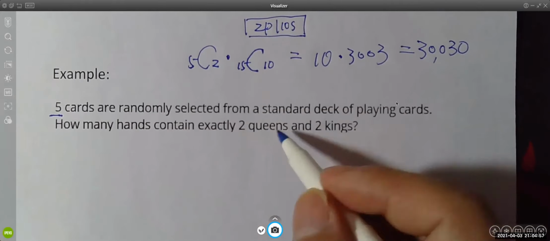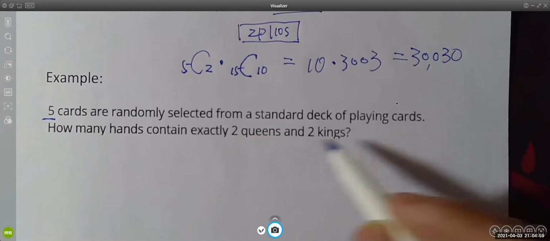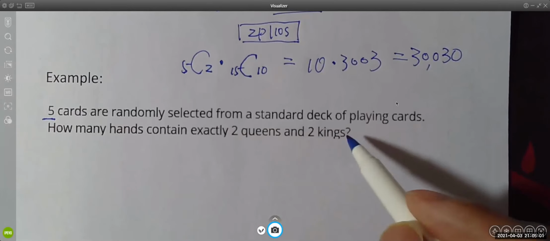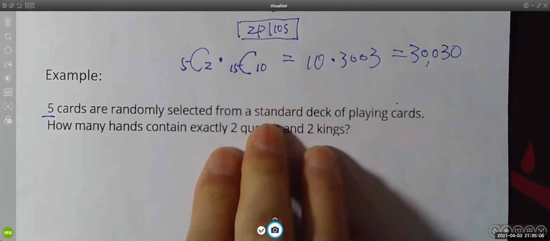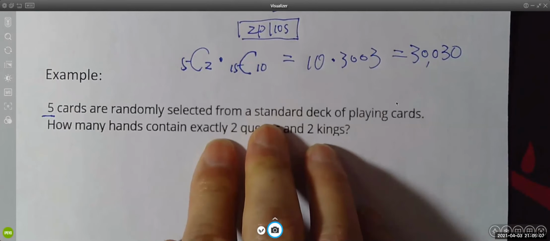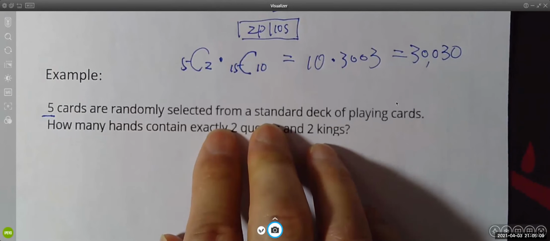And pretty much this is a restriction on your selected cards. Even though you have 5 cards, it's not that we select 5 cards out of 52. If that were the case, we would just use the combination 5 out of 52, and that's it.